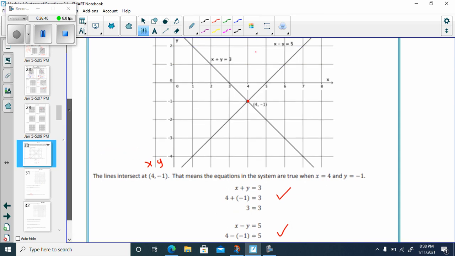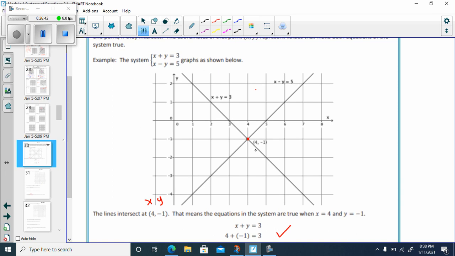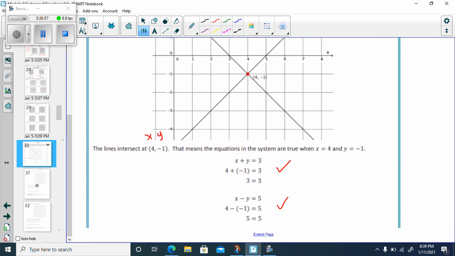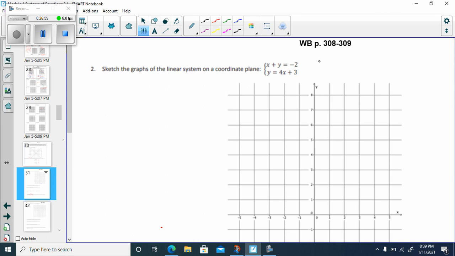This proves that 4, -1 is a solution for each one of these equations. And where the two lines intersect, that is the solution for this system of equations. Okay, it's the only point that's a solution for the system because it's the only one that's on both of them.